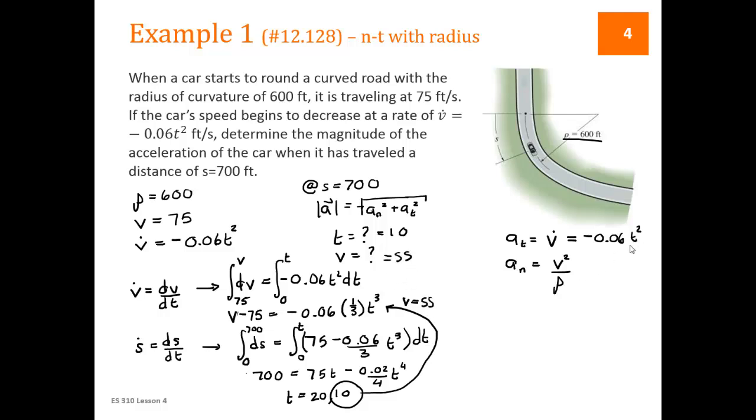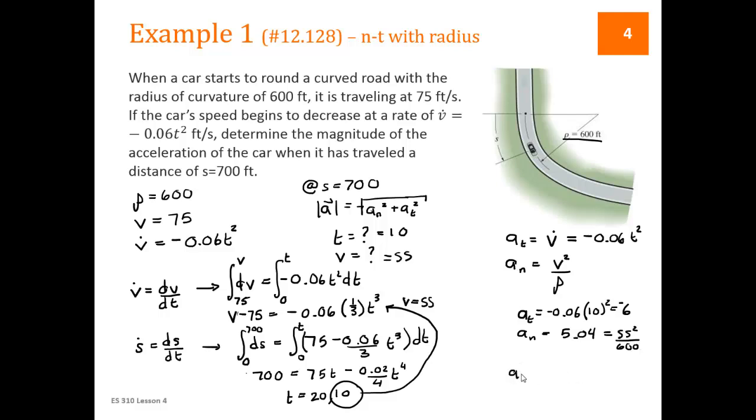Then we can plug things in up here, so we get AT equal to negative 0.06 times 10 squared, which gives us negative 6. AN is equal to 5.04, which is this 55 squared over 600.